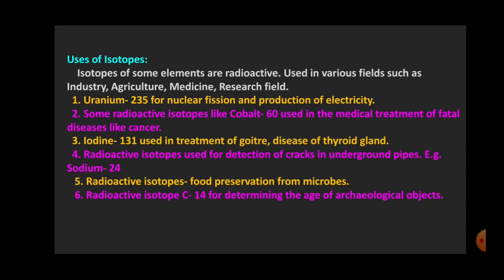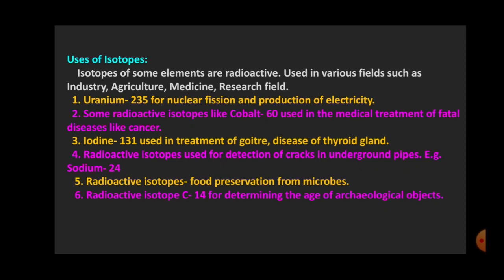Next, radioactive isotopes are also used for food preservation from microbes. When we preserve the food for a longer period of time, after some time the microbes infect the food. So, to protect it from the microbes, in the food preservation method, radioactive isotopes are used.